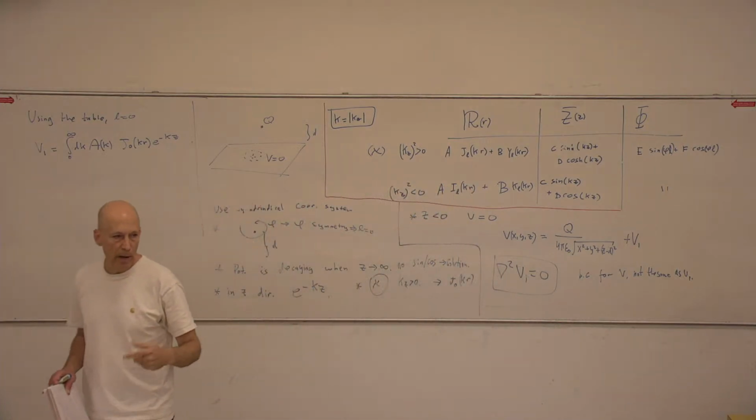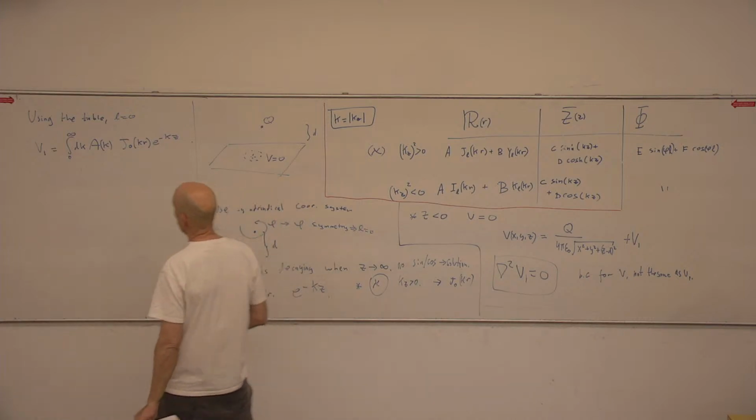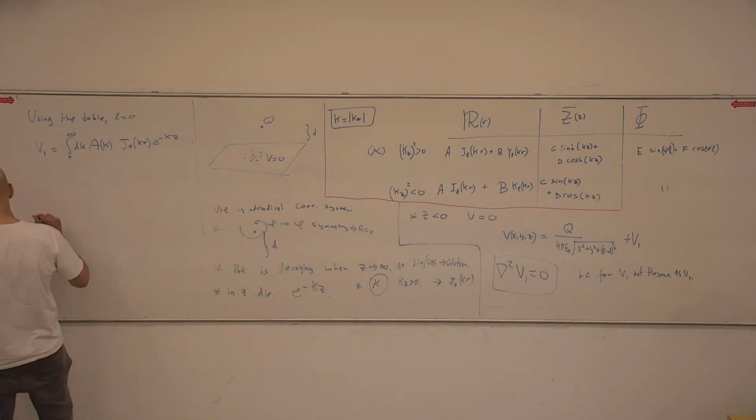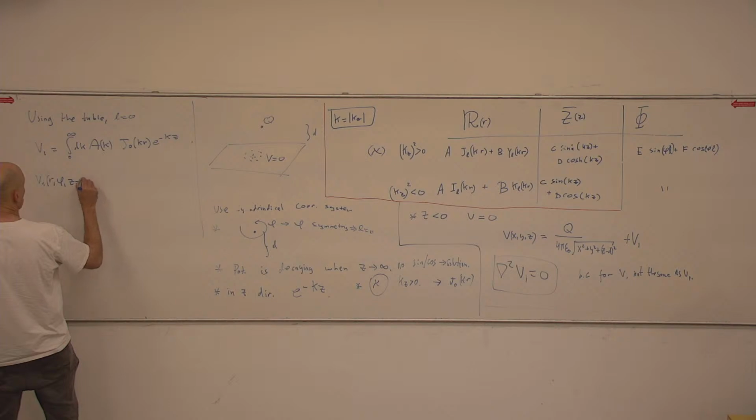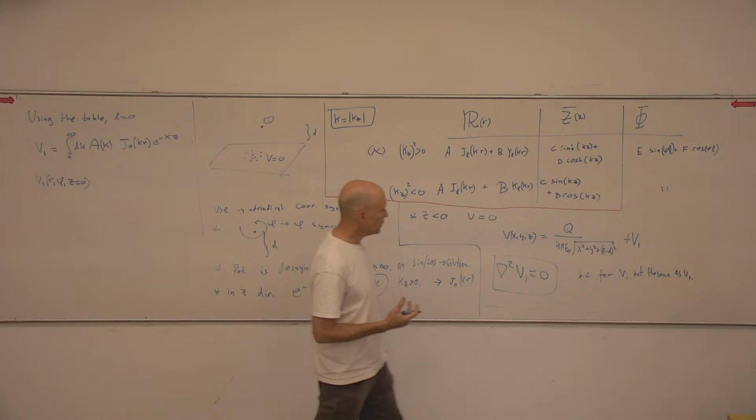And now comes the boundary condition for V1. So V1 on the boundary, V1(R, phi, Z=0). What is it?